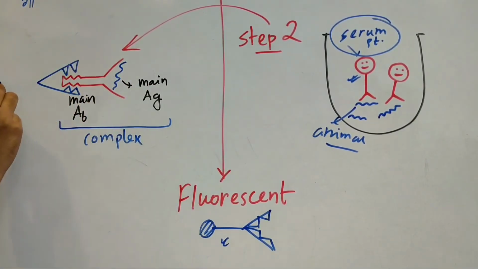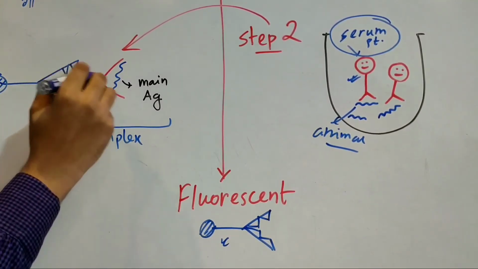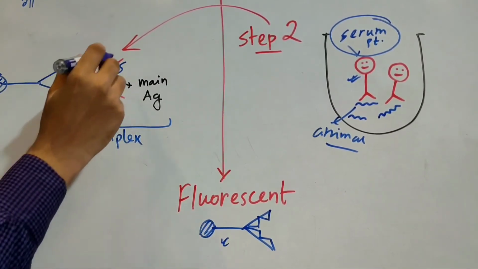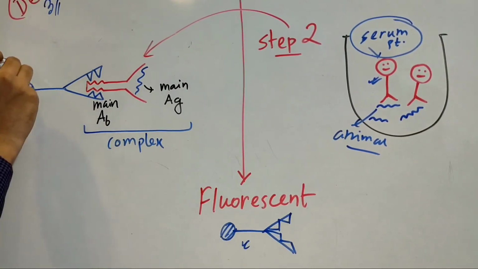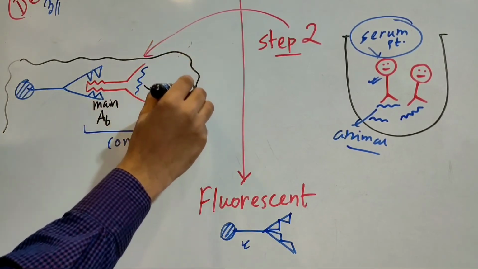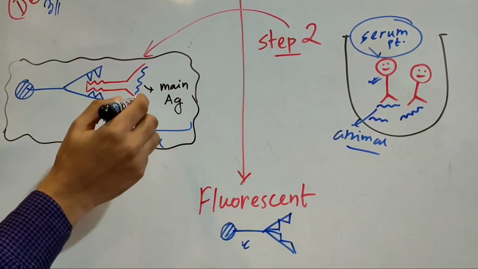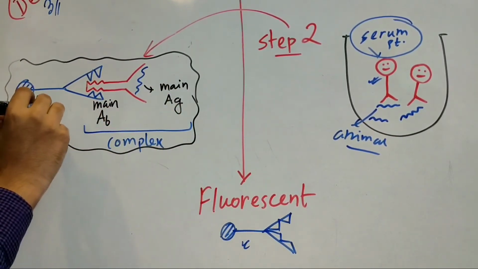So this is our fluorescent label antibody that's actually binding with the Fc portion of our main antibody, that's the anti-Treponema pallidum antibody. Now this is our resultant complex. So this is our last complex that we were aiming for. We were aiming to get this ultimate complex, the complex containing the antigen, antibody, and also the fluorescent antibody.